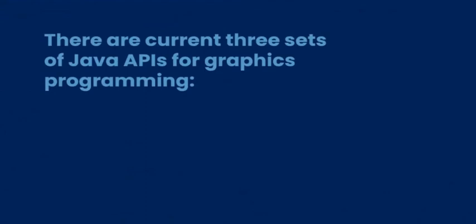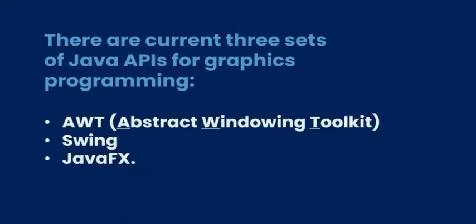So there are currently three sets of Java APIs for graphics programming. There is AWT, which stands for Abstract Windowing Toolkit. Second is Swing. Third is JavaFX. I shall start with the AWT before moving into Swing to give you a complete picture of Java graphics.